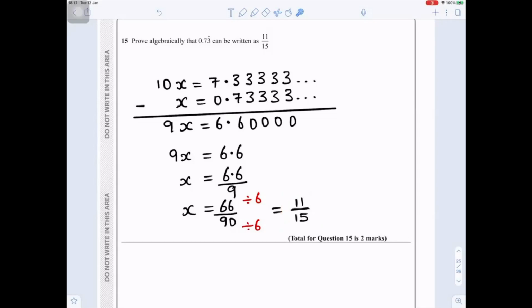Without a calculator, you can times the top by 10 and the bottom by 10 so that you get rid of the decimal. So it will be 66 divided by 90. 66 divided by 6 is 11, and 90 divided by 6 is 15. That gives you 11 over 15 as required to show.